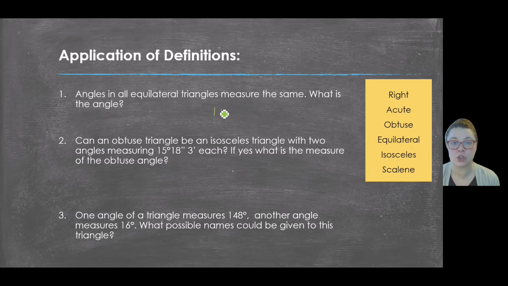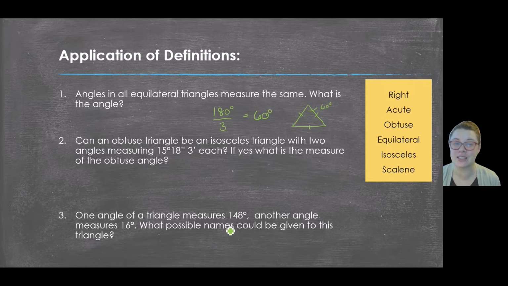So we start with 180 degrees. There are three angles in a triangle, so we divide by 3 and we get 60. So if you have an equilateral triangle with all sides equal, every angle is 60 degrees. That's a property that you can memorize. It will always be true.